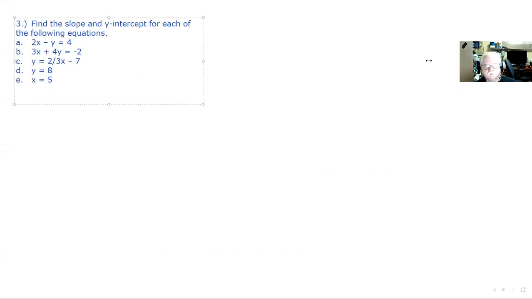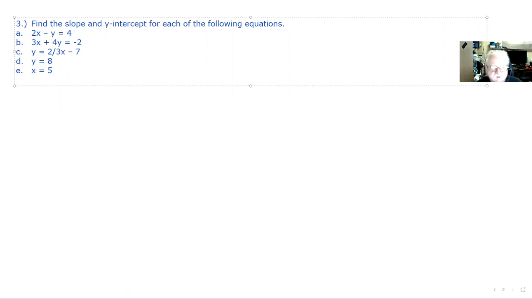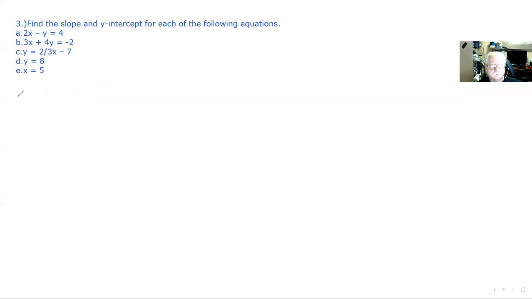So, they've given us an equation of 2x minus y equals 4, and this equation is in the form of something times x plus or minus something times y equals something else.